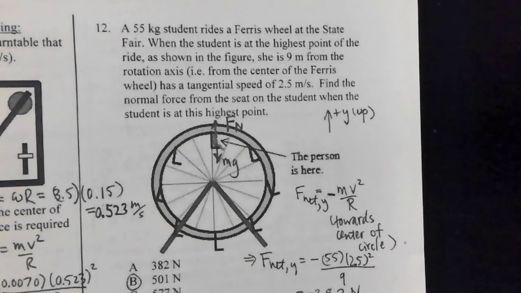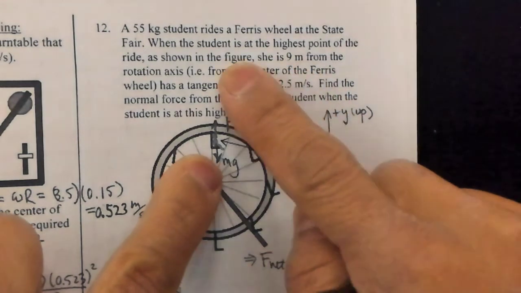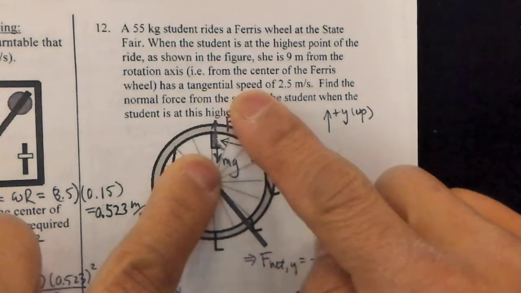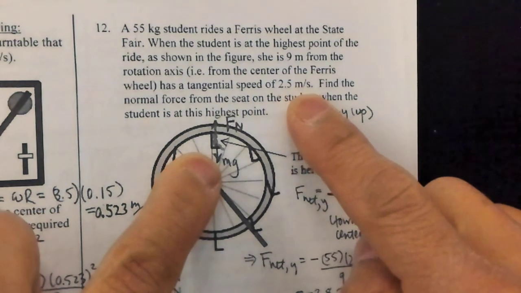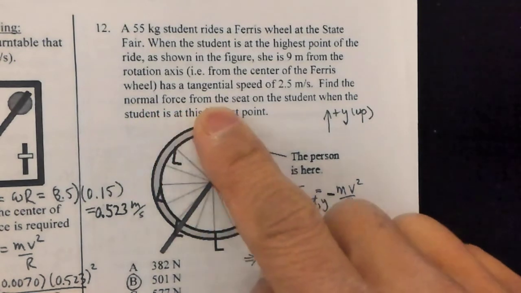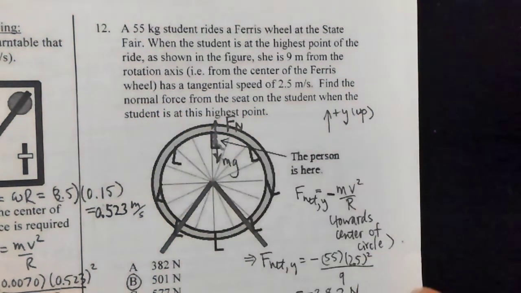And so you remain upright. She has a tangential speed of 2.5 meters per second. So that's how fast she's going. Find the normal force from the seat on the student when the student is at this highest point.